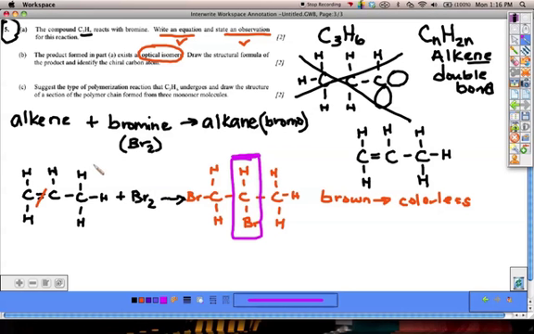And then finally, suggest the type of polymerization reaction that C3H6 undergoes and draw the structure of a section of the polymer chain formed by the 3 monomer molecules. So for part C we're going to undergo an addition reaction, or an addition polymerization reaction.